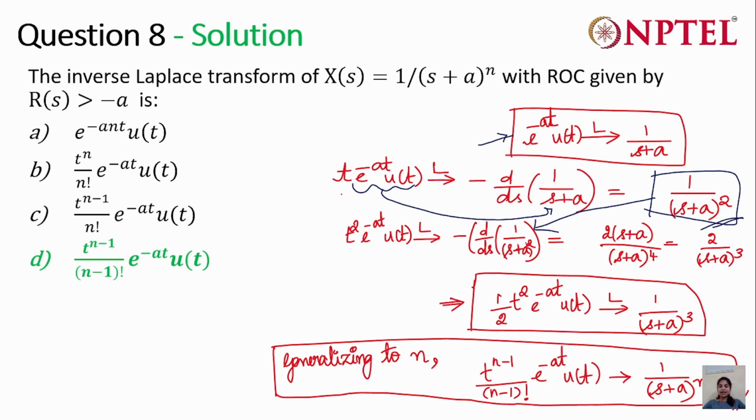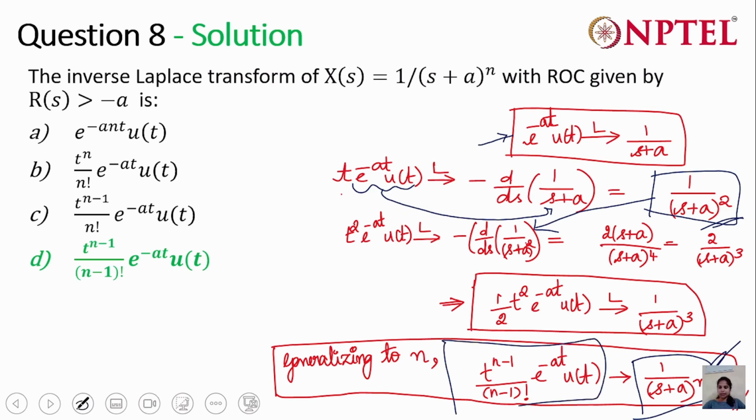Now if I generalize this with respect to n, so here 3 is n, okay, so 2 is n minus 1. So 1 by (n minus 1) factorial into t power n minus 1 into e power minus at u of t's Laplace transform is 1 by (s plus a) the whole power n. So whatever is asked in the question is on the right hand side. So our answer is this.